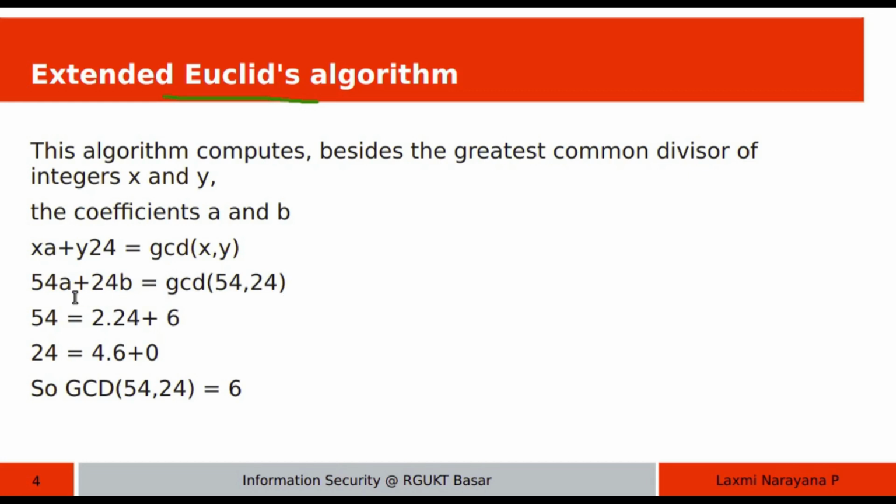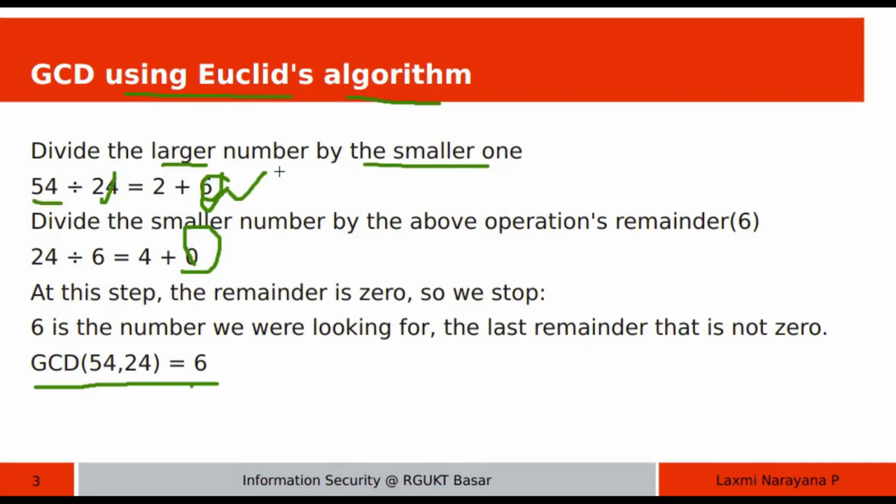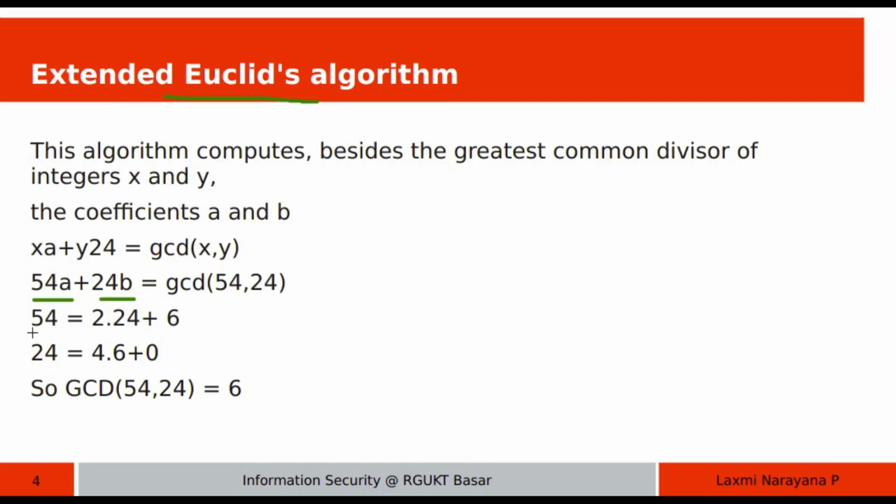That can be written like this: 54a + 24b = GCD of 54 and 24. 54 can be written as 2 x 24 + 6.